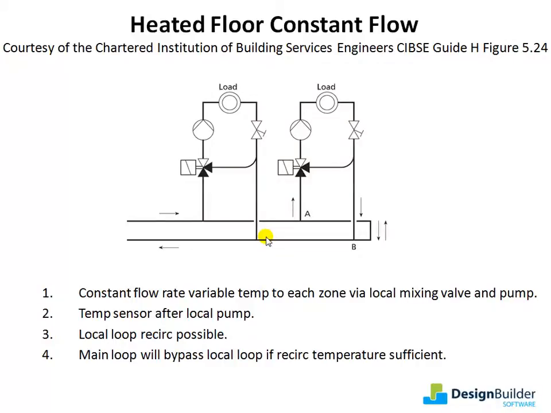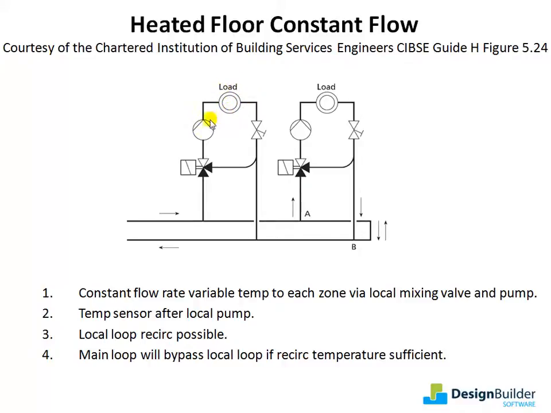This diagram shows how constant flow heated floors modelled in DesignBuilder are simulated in EnergyPlus. The hot water flows from the heating plant to the various secondary heated floor circuits. These contain 3-port mixing valves, which allows the amount of primary and recirculation flow to be varied according to the zone heating demand.